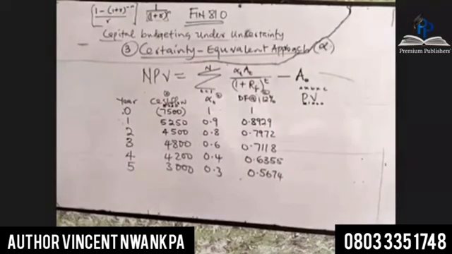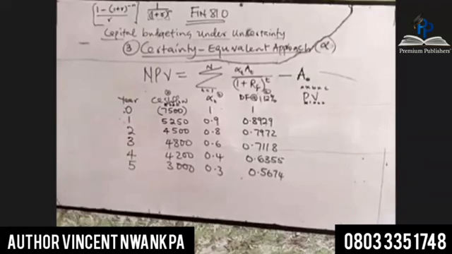It's not correct? Let's find out with the calculator: 0.6355 divided by 1.12. It's correct.